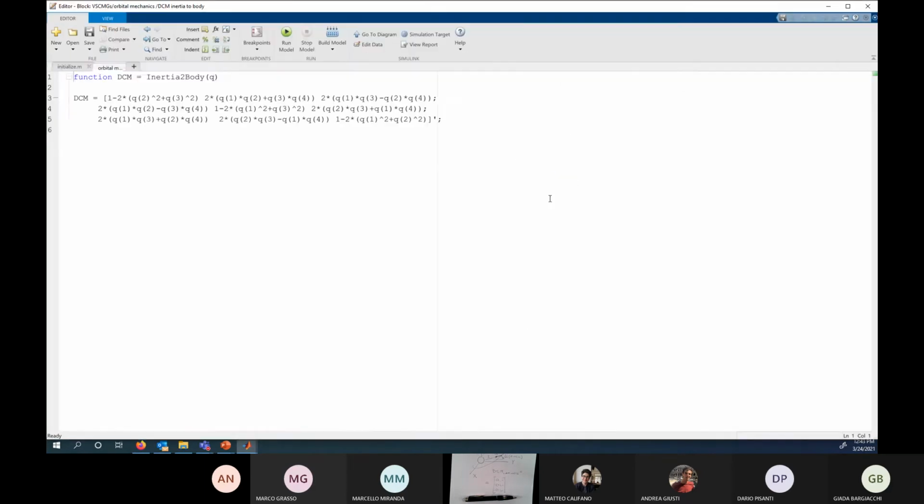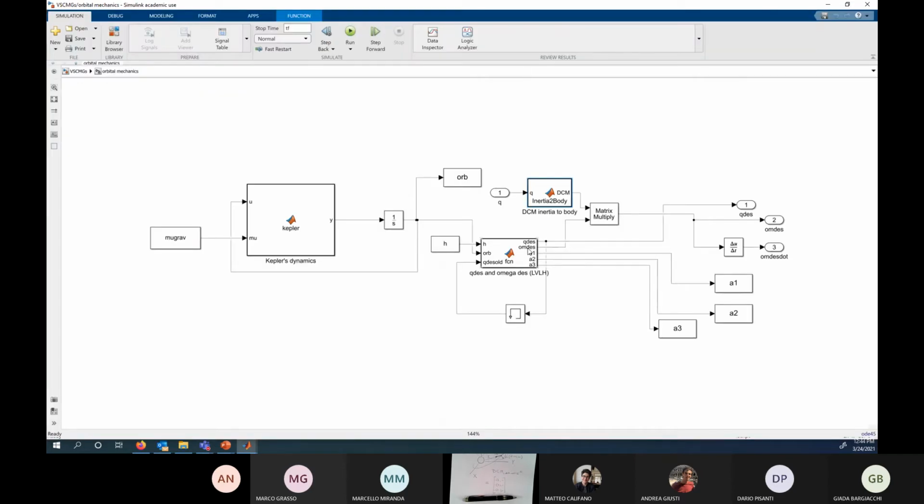And so the quaternion goes in here. And let's see what we do here. This simply takes the quaternion of your body axis, and it puts it into a DCM form. And let's see what's happening here.